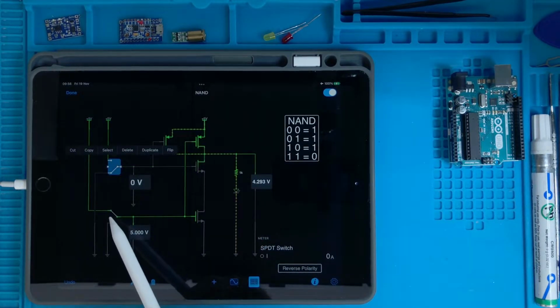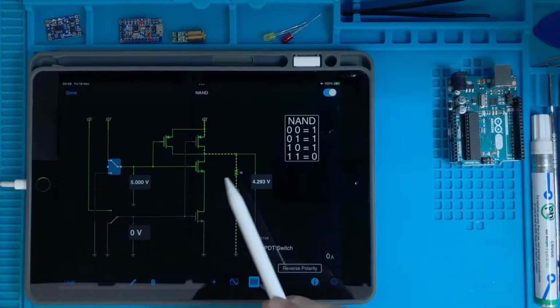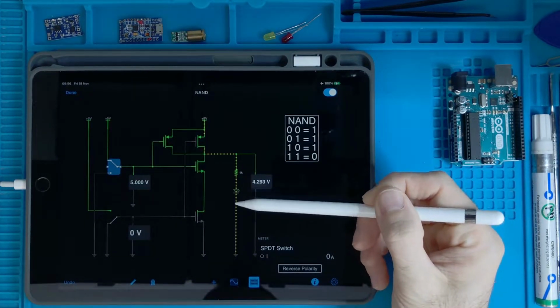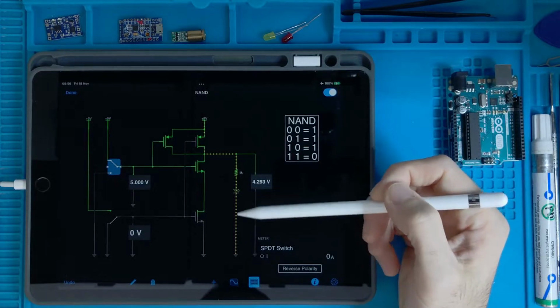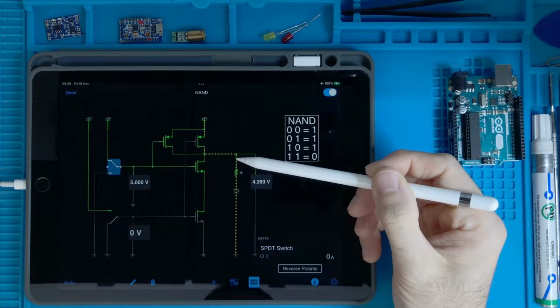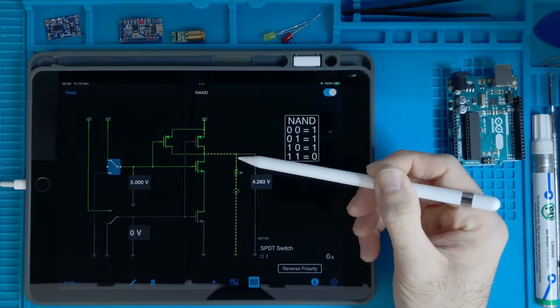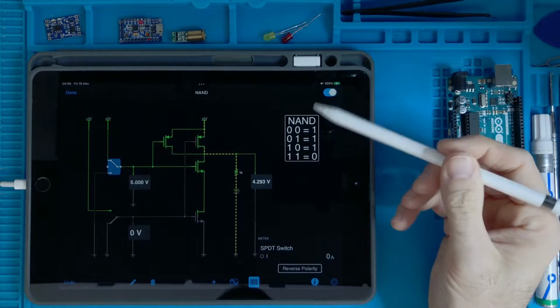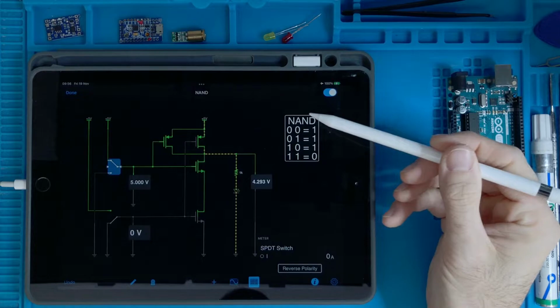So I can try all the possible combinations, and the current here, which makes a voltage drop across this load device, will create a voltage corresponding to the values of this truth table.